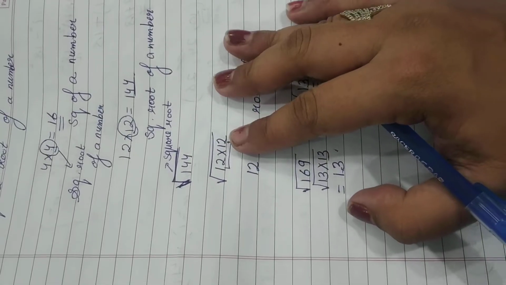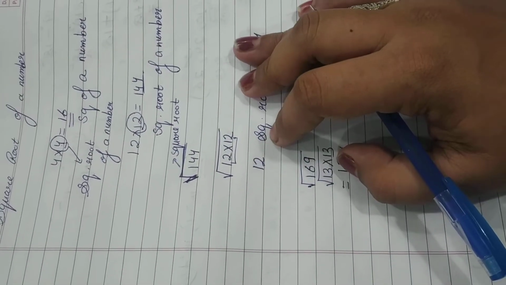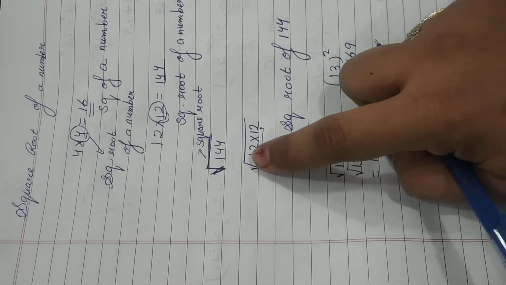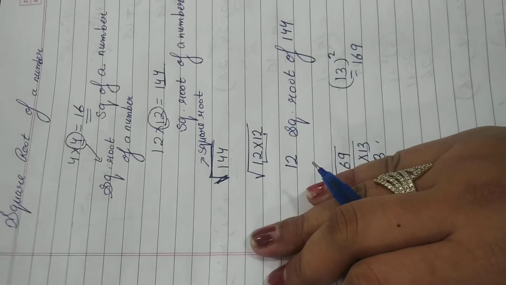Right now I am just teaching you what is the square root. Next we'll come to how we find the square root. This sign is the symbol of the square root. Okay, the very first method, we are going to study two methods.